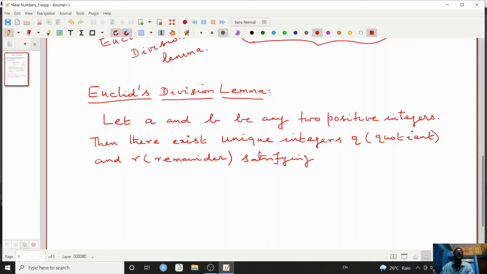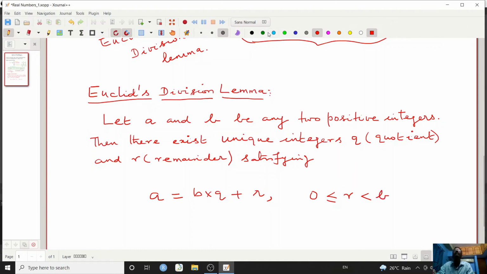Now here A is the dividend. A is equal to B times Q plus R, where R is the remainder. What is the condition on R? As we said earlier, 0 is less than or equal to R, but it should be less than the divisor. Who is the divisor here? B is the divisor.